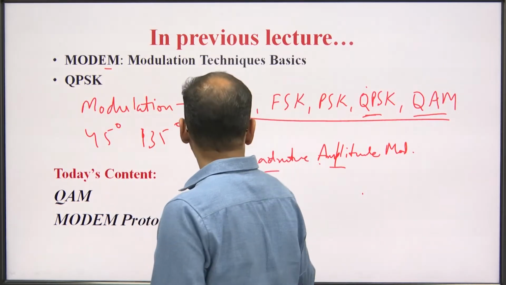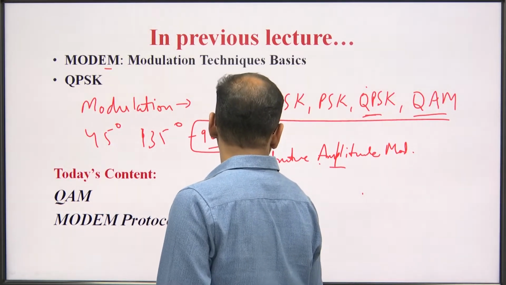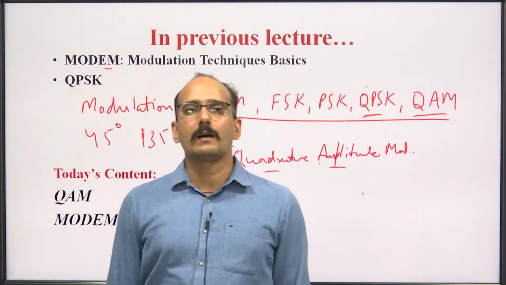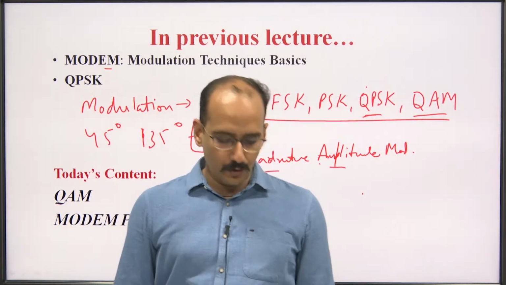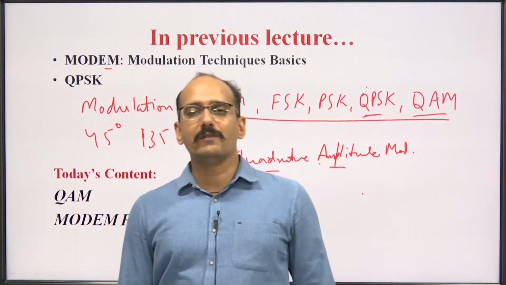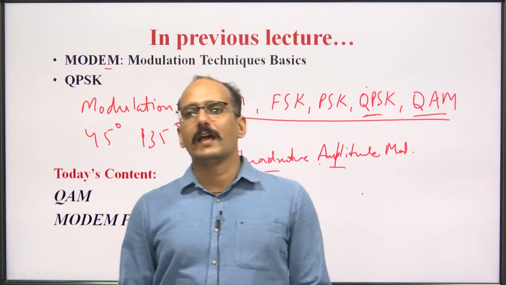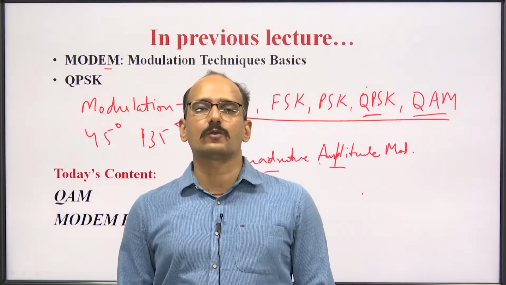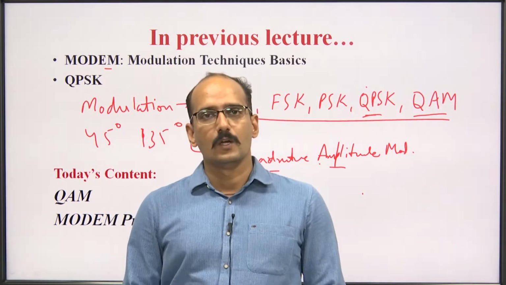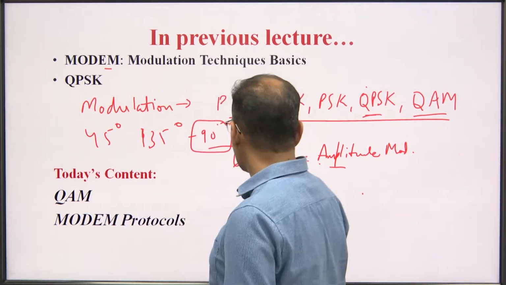In that previous part I denoted the 4 symbols 00, 01, 10 and 11, and divided the complete available bit stream into two parts, an even bit stream and an odd bit stream. The even and odd bit streams are modulated using the in-phase and quadrature carriers to perform quadrature phase shift keying modulation.